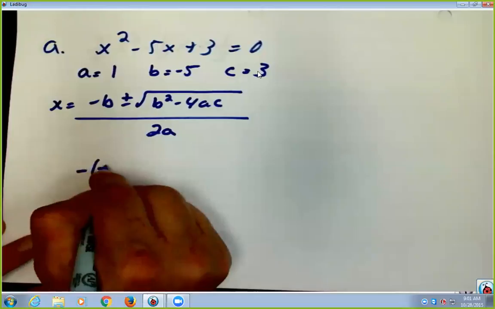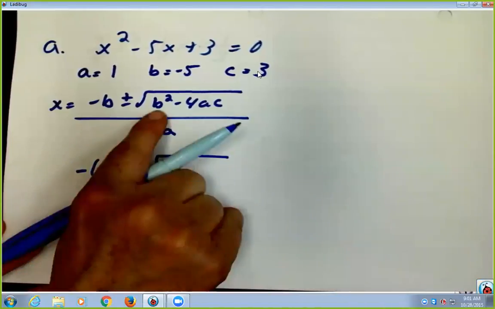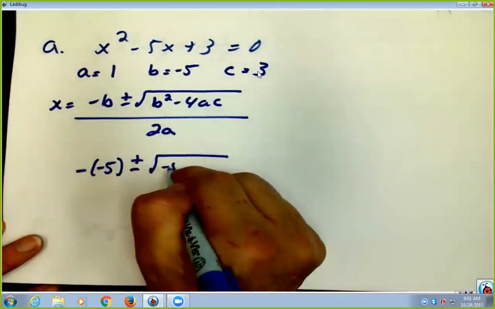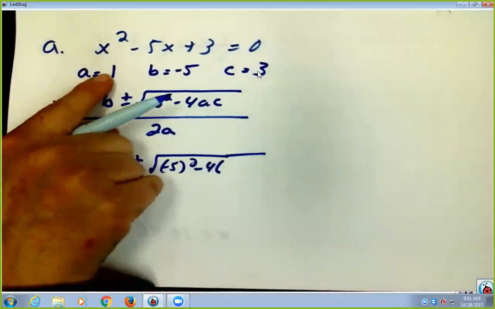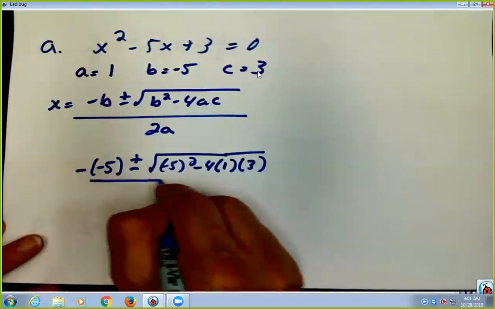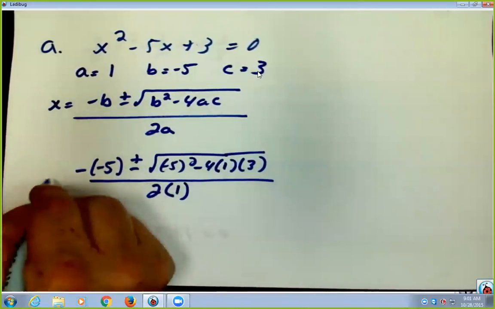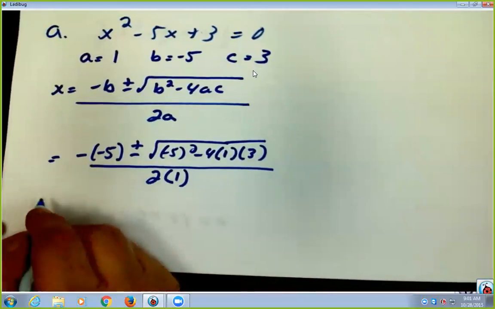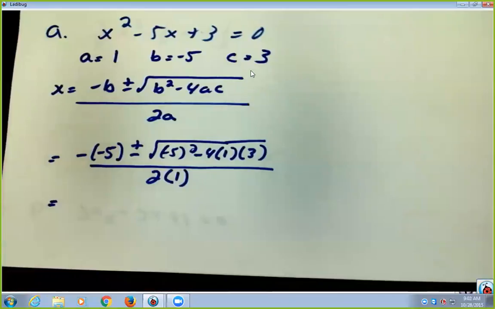I really have a negative times a negative 5 plus or minus the square root of a negative 5 squared minus 4 times 1 times 3 all over 2 times 1. Now you might look at that and say, oh gosh, it's going to be difficult to come up with what I need to do with this thing.